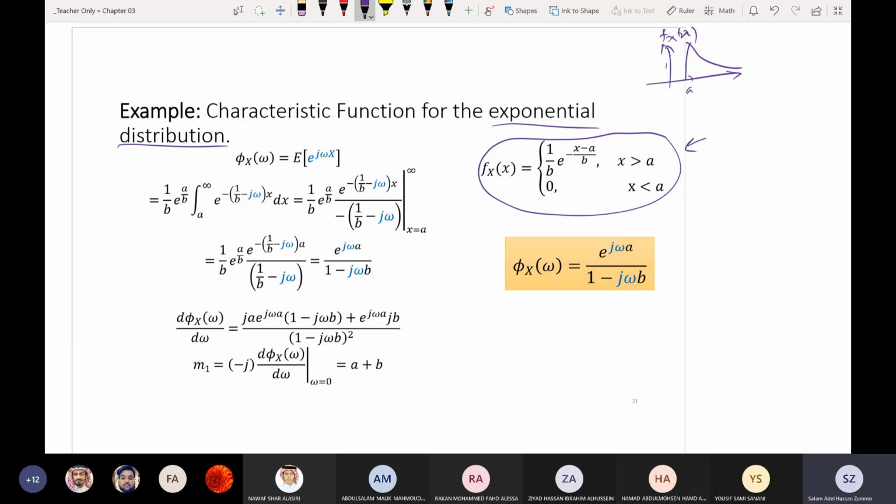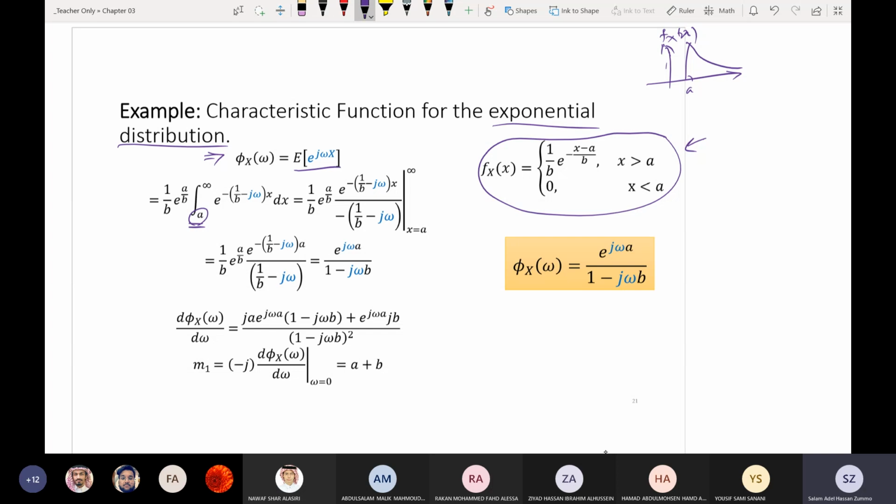Now, if we take the characteristic function of the exponential distribution, which is the expected value of e to j omega x, you take the PDF and integrate it from A, because it starts at A. Before A, it's 0.